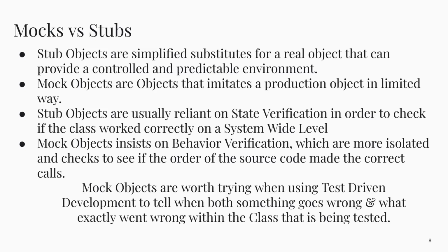Mocks versus stubs. Stub objects are similar to mock objects in the fact that they are simplified substitutes for a real object that can provide a controlled and predictable environment. Now, that's where the similarities end, because mock objects are not controlled and predictable. They are just imitations of a real object.